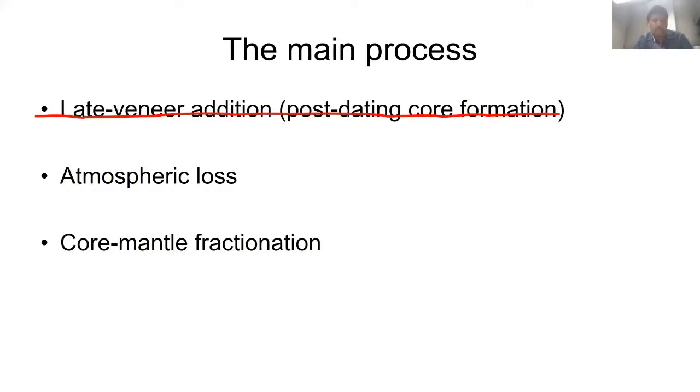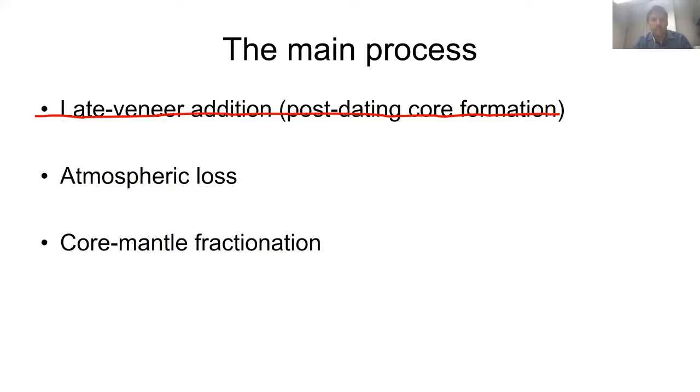It comes from one of the figures I showed you before, that the bulk silicate Earth major volatile abundance ratios are not matching those of any known chondritic meteorites. If that is the case, late veneer addition definitely could have contributed some volatiles, but cannot possibly be the major source of volatiles in the bulk silicate reservoirs.